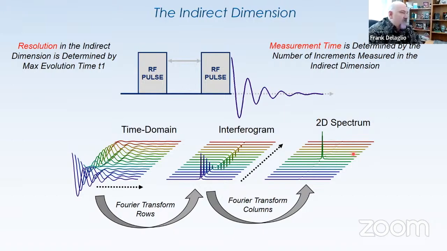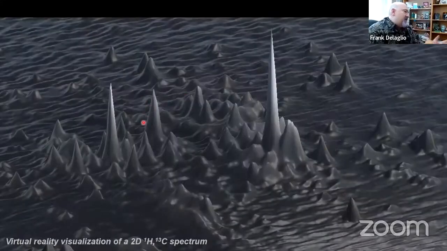Now, these two-dimensional spectra, we could think of them as surfaces like mountains. And so we can visualize them in 3D, like you see here. And what we talk about as peaks actually look like little mountain peaks. And this is a very nice way to get a qualitative understanding of the spectral data.